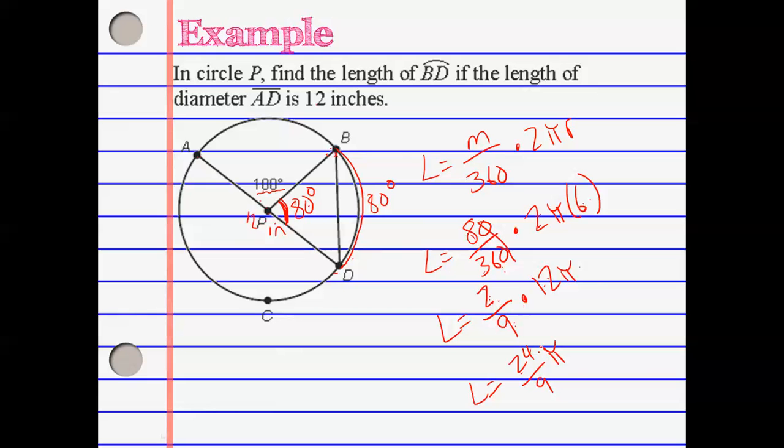Now let's take 24 times pi, and we'll just use 3.14, which is 75.36, and we'll divide it by 9, which is going to give us approximately 8.37. So our arc length for BD is going to be approximately 8.37 inches.